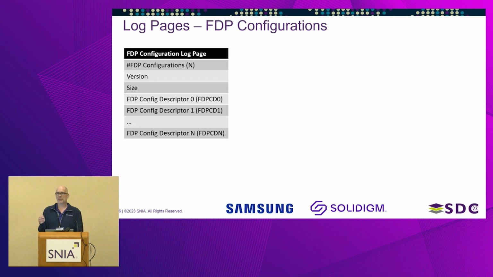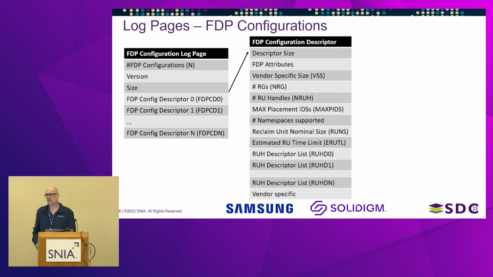And even among those configurations, there might be little variations on, maybe, what the granularity is of the stripe or whatever. So the additional information is it tells you what the size is, and then there's basically a descriptor. And within that descriptor, there's a bunch of information that tells you exactly what that configuration is. So if I've got two configurations, I'll have two of these descriptors.